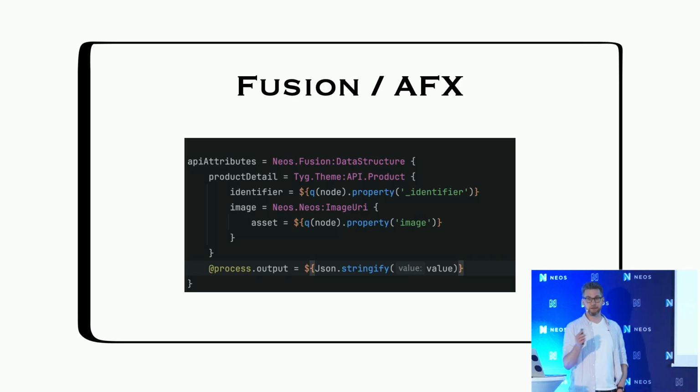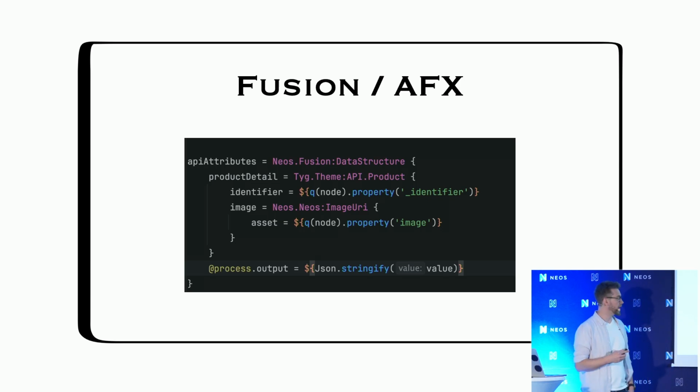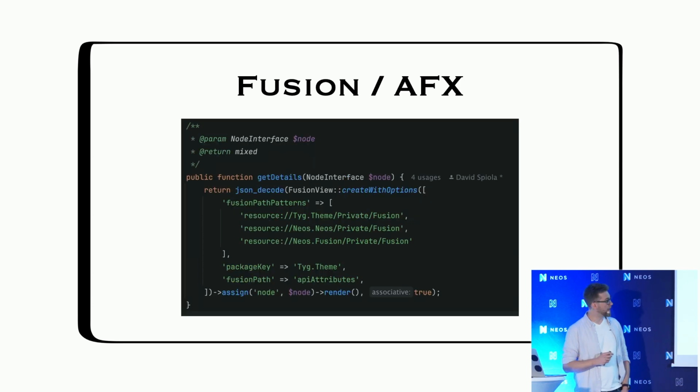So you might have some logic already implemented in Fusion. You basically make a data structure, then you have product details, and you already have a product API Fusion integration component, and then you just take the identifier, you get the image from the repository, and then you feed it back to whatever picks it up. And what picks it up?